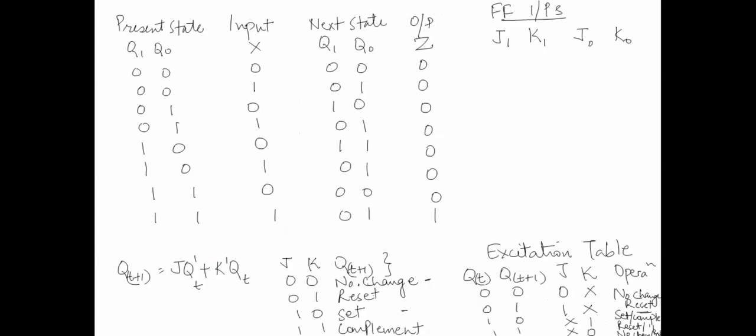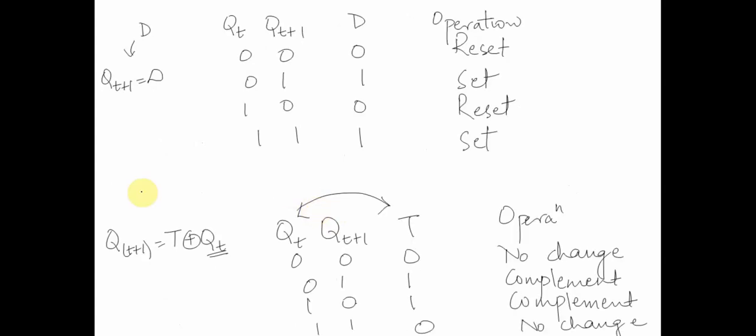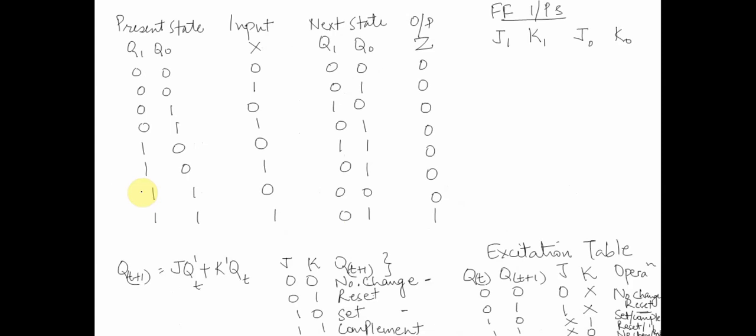And now let's get back to our previous example. We already know this is the excitation table of the JK flip-flop. I intentionally took an example of the JK flip-flop because implementing a state table becomes difficult with the JK flip-flop. If we are able to do an example with JK, T and D flip-flop examples would be a cakewalk, right? Especially a D circuit. Now we know the present state and the next state.